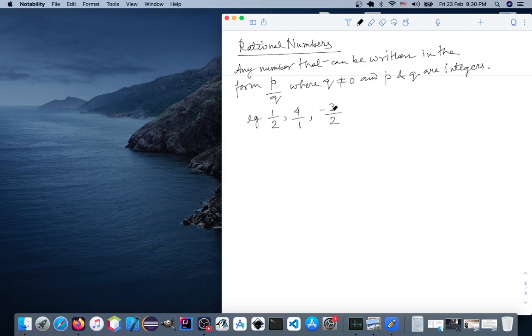Minus 3 by 2: minus 3 is an integer, 2 is an integer. Also 0 by 1: 0 is an integer, 1 is an integer, so 0 is also a rational number. Likewise, minus 2000 by 101 is also a rational number. Now, how do we represent the rational numbers on the number line?